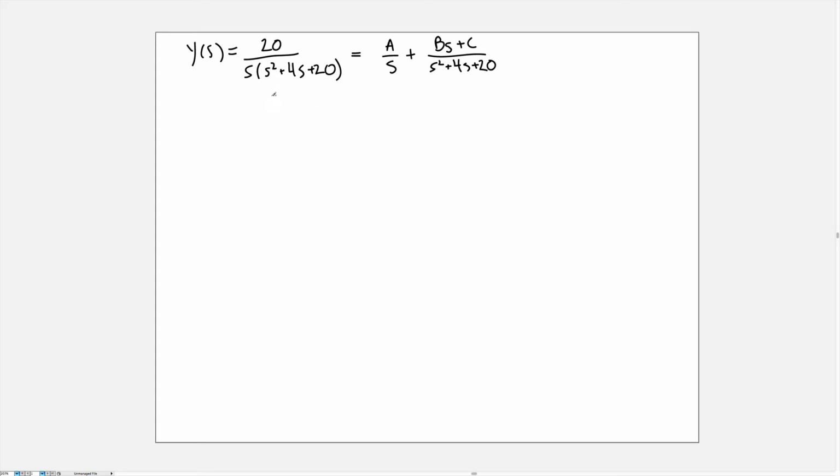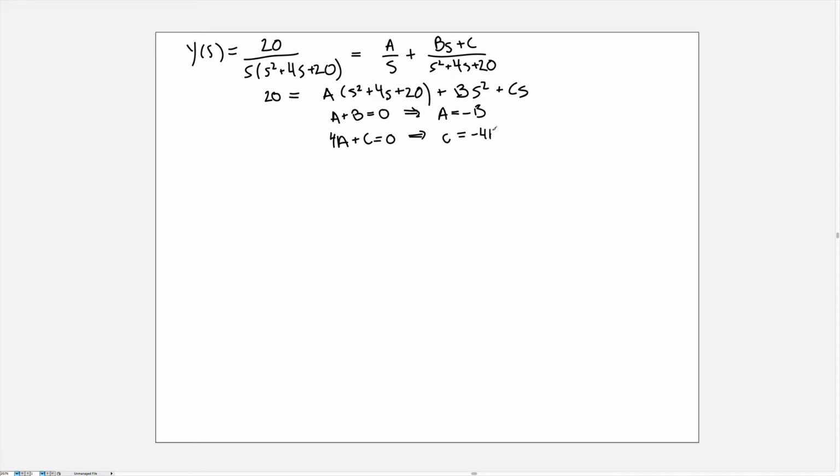The partial fraction decomposition approach tells me that these two polynomials should be equal. As you can see here, I have an s squared multiplied by A plus B, and that has to be 0, so A must be the negative of B. On the s terms, we have 4 times A and a C, so 4A plus C equals 0 because there's no s term on this side, and that means C is equal to minus 4A.